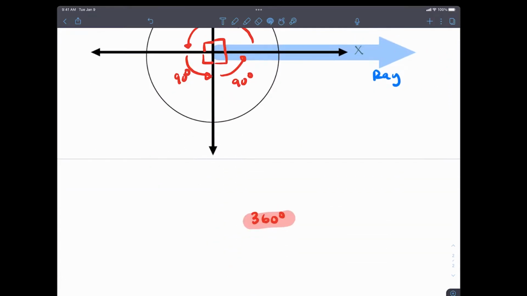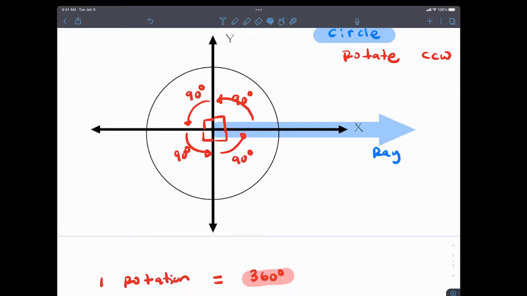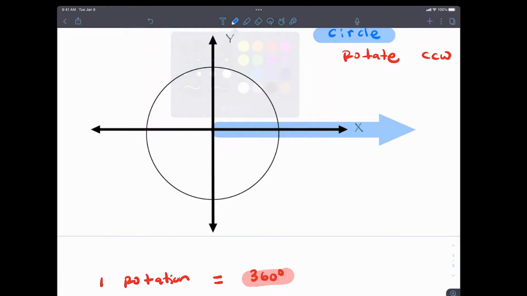So let's write down some facts about our circle. One rotation equals what? It's 360 degrees. You guys agree with that statement? And you go, what do you mean one rotation? Well, if you start there on the positive x-axis, this is called your initial ray.